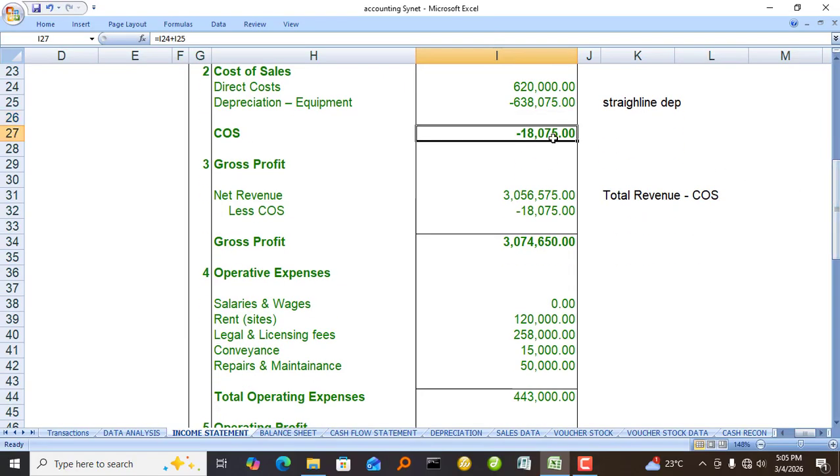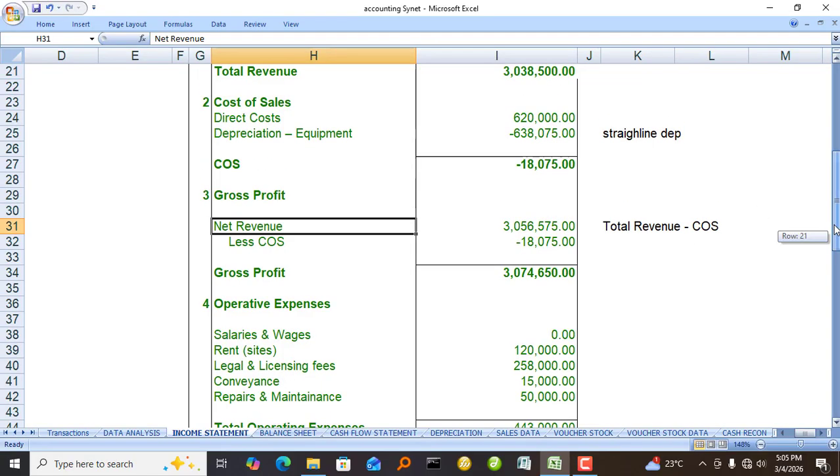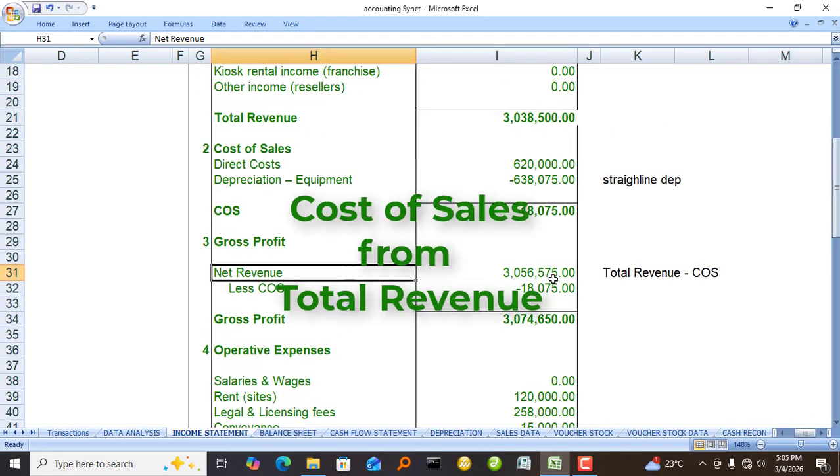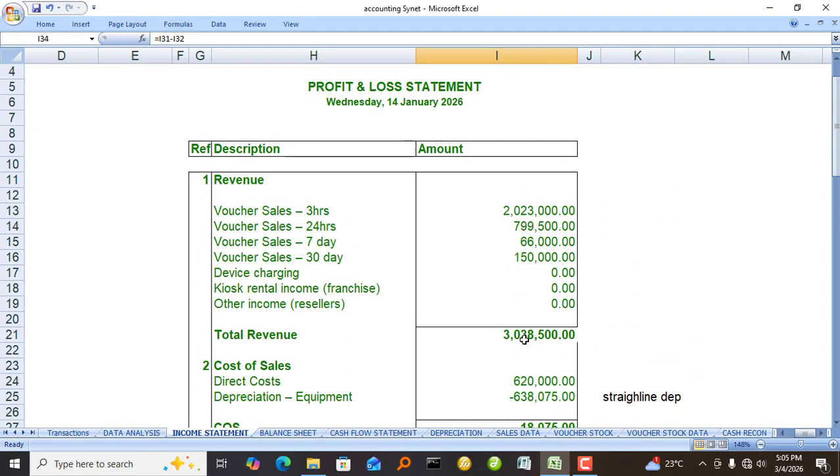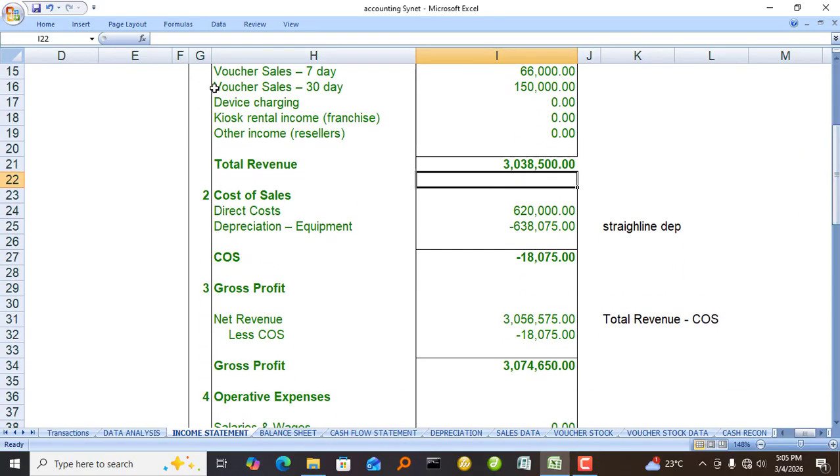So after getting my total cost of sales, I have my revenue, net revenue. So net revenue, I'll get it by removing the cost of sales from this total revenue, and I'll get this 3,074,000. So we earned this money. Then we removed the cost of sales.